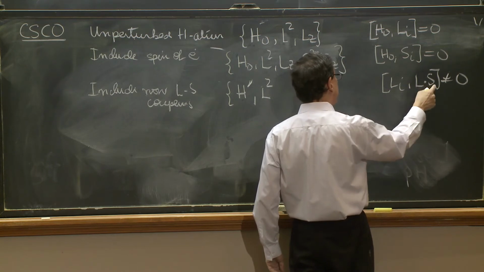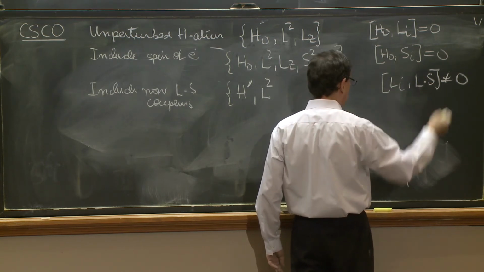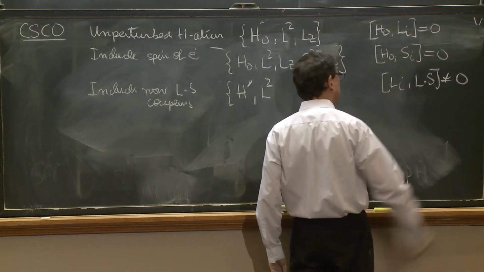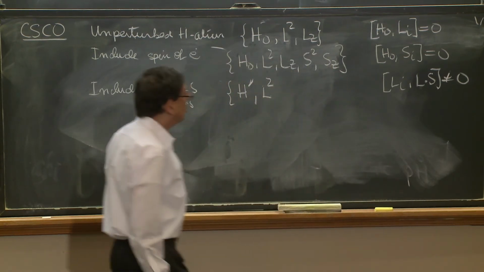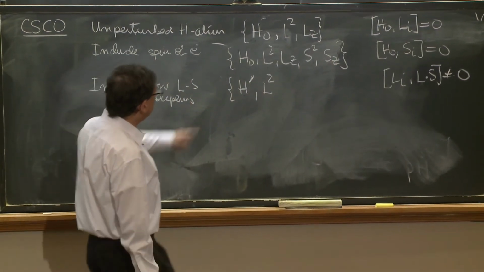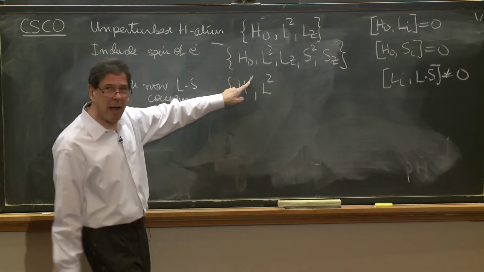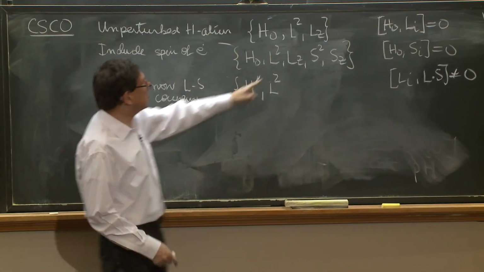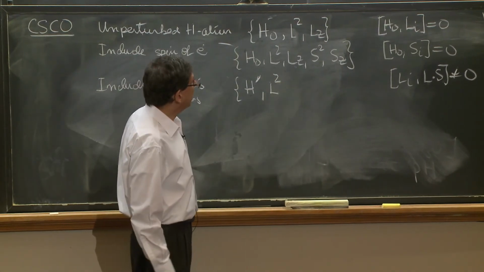The LySy term here will not commute to give 0, nor the Lz Sz term, and they will not cancel. So Lz doesn't commute with L dot S, and L dot S is part of H prime. Therefore, you cannot put Lz here.